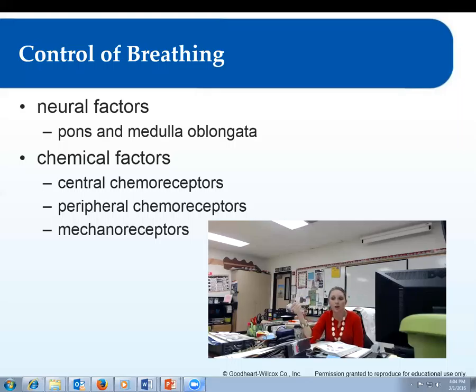So it sees, okay, our muscles are working really hard, which means they're going to need more energy and more oxygen. So we need to increase our depth and rate of breathing. So those are three ways our breathing is controlled. We already talked about the medulla oblongata and the pons.